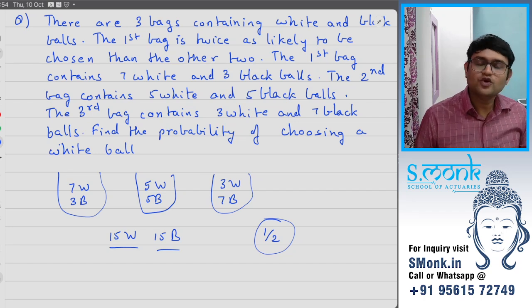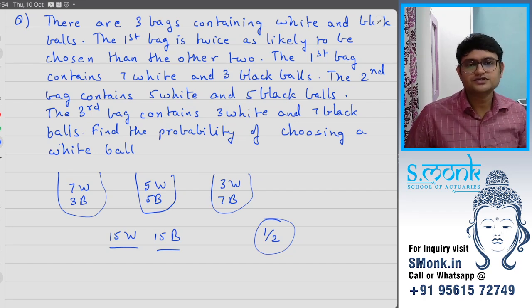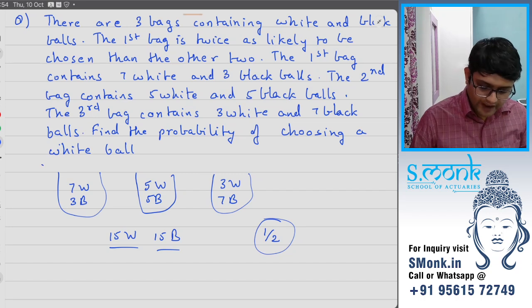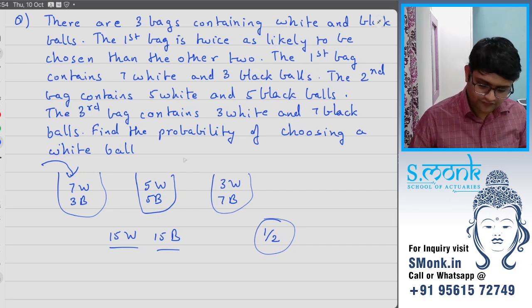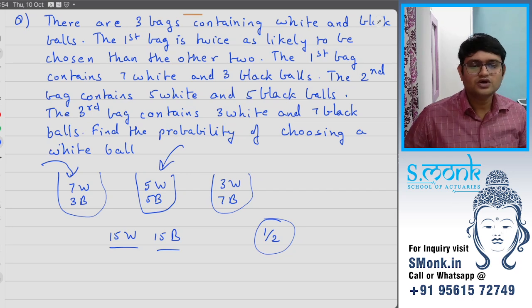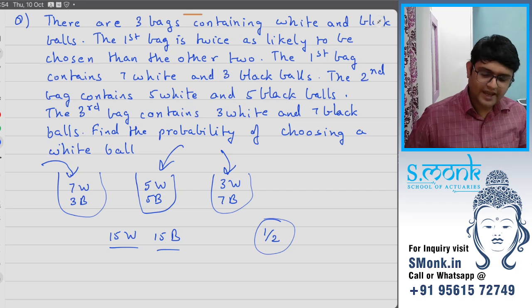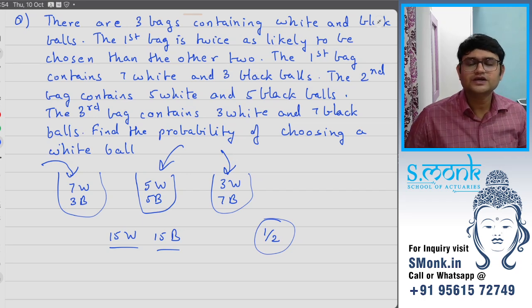But now we have more complications. We have 3 bags. If you go to bag 1, then probability of choosing a white ball would be 7 by 10. If you go to bag 2, the probability would be half, and if you go to bag 3, the probability would be 3 by 10.